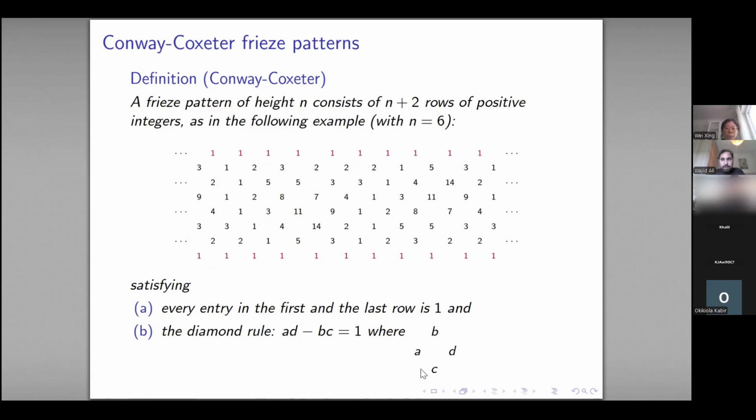And moreover, whenever we have a diamond configuration, then the four integers A, B, C, D, as you can see from here, should satisfy the equation AD minus BC equals 1. This is called the diamond rule. So a priori, if you just randomly put positive integers, there's no guarantee that you will get back to the ones.